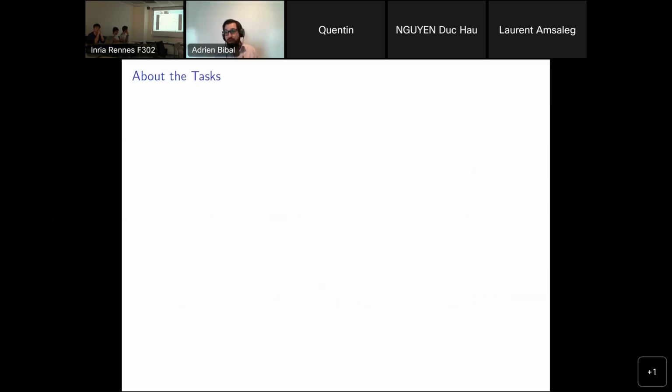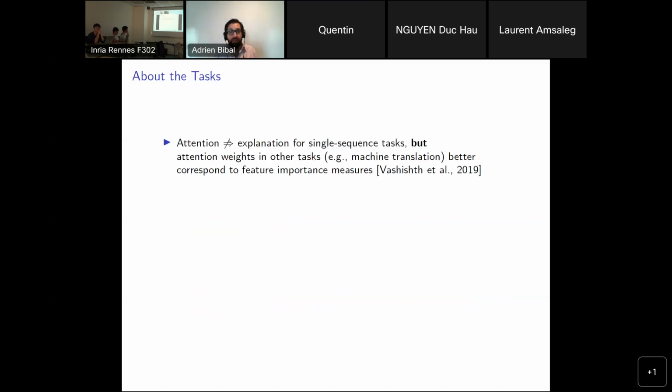Now there is a third pocket here that considered if the conclusion of the debate holds for different tasks. One first result about that, which was really interesting, again focused on natural language processing, is that attention may not be explanation for single sequence tasks, meaning tasks where we have a single sequence in input and produce, for instance, a classification as output.